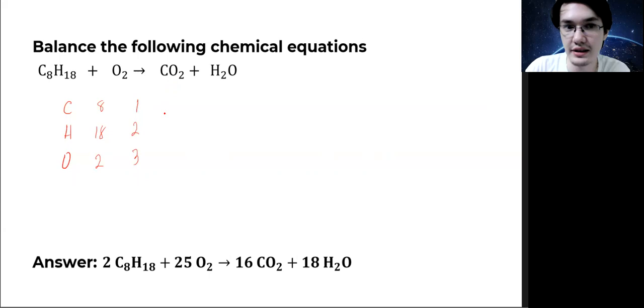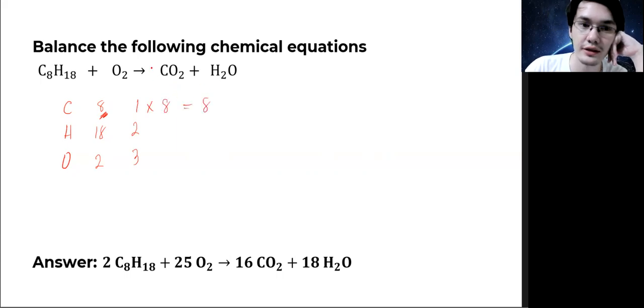It is basically trial and error, but it is based on how much we multiply on each side. Since we have 8 carbons on the reactant side, the product side should also have 8. So 8.